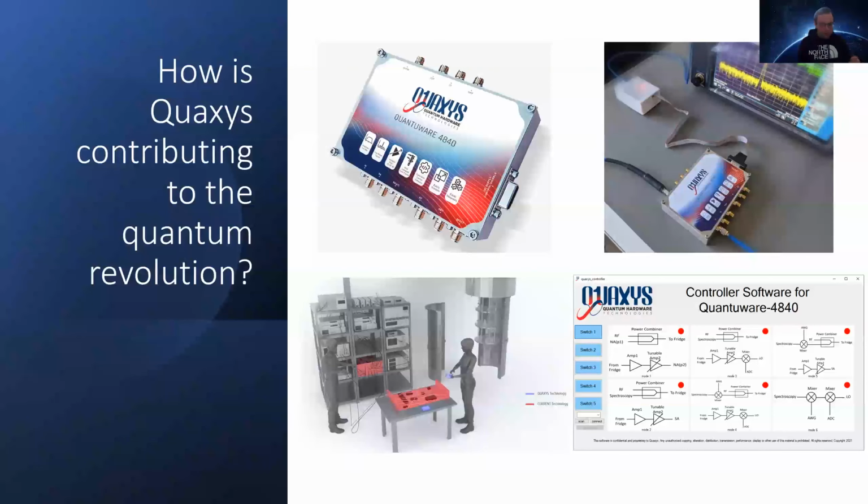But people who want to use Python code also have a library for that. They can include the library into their codes and use the functions there. Just call those functions, and control and measurement of qubits can be done automatically.